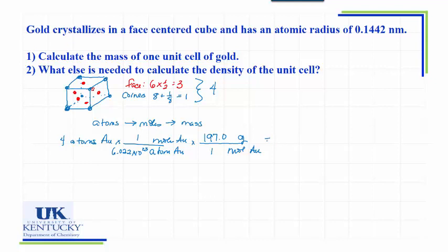Now before we put a number down, let's think about the magnitude of this number, just thinking about a unit cell. These unit cells are tiny. Look at that. This is the radius of an atom. Now these atoms are actually, and I'll just draw it with a dashed line, bumping up towards each other. That's really how they look, but it's hard to see the cube if I drew it that way.